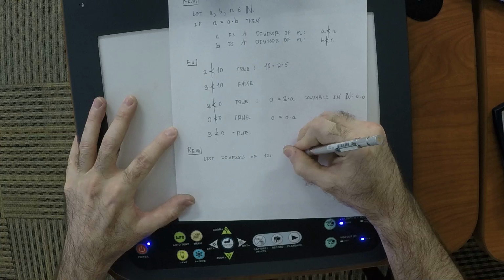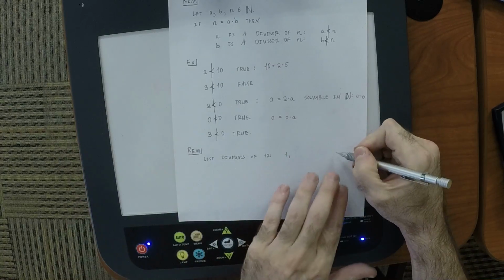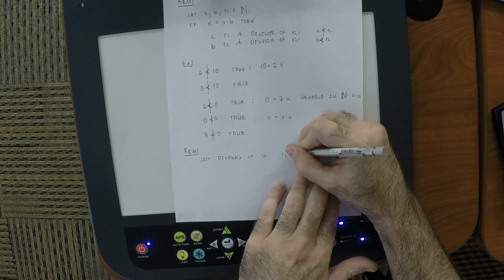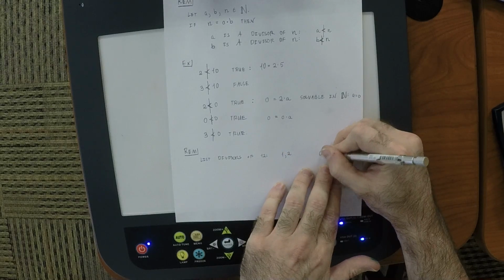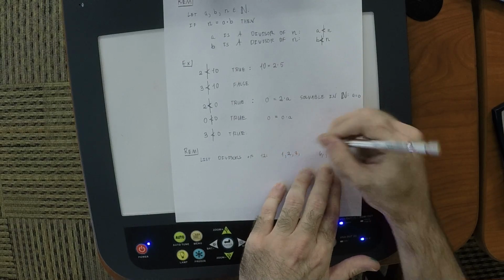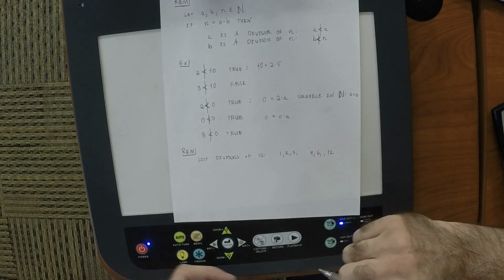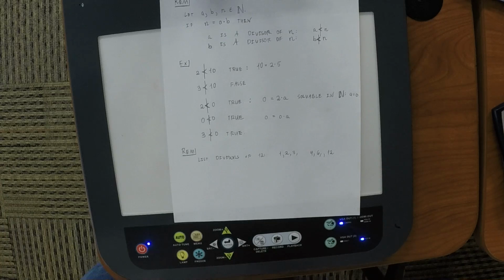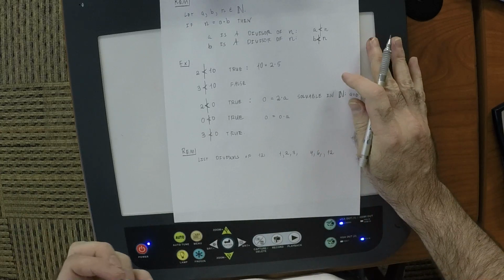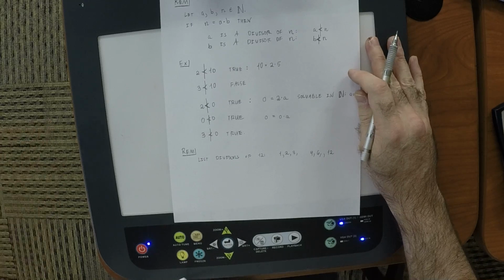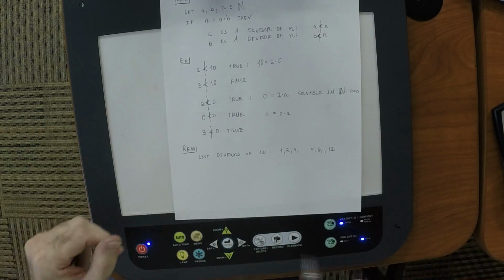So 1 is a divisor, and what's the counterpart of 1? 12, right? And then 2 is a divisor and its counterpart, 6. 3 is a divisor and its counterpart, 4. And sometimes if the natural happens to have a natural square root, something will be its own counterpart. Like 36, the counterpart of 6 is 6, right? So we could do that.